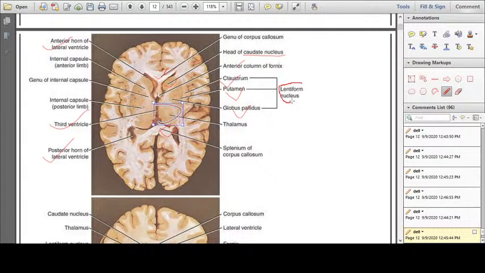These are the three structures of the lentiform nucleus. Genu of the internal capsule. This one is the genu of the internal capsule, and the internal capsule.